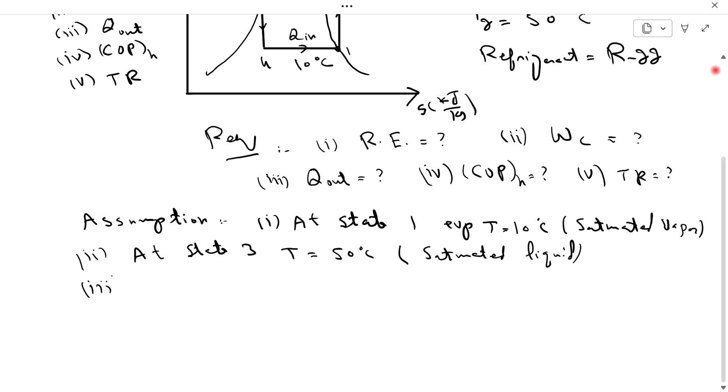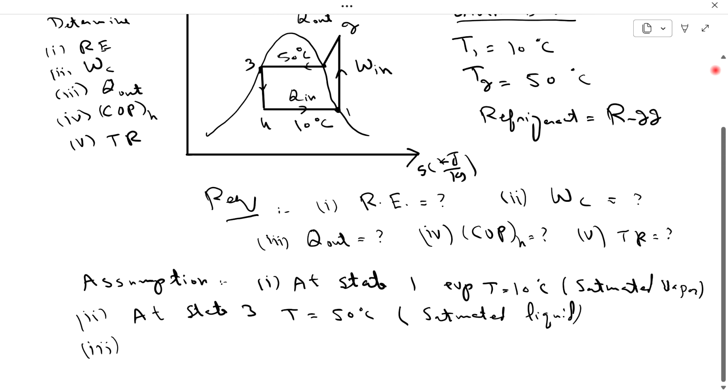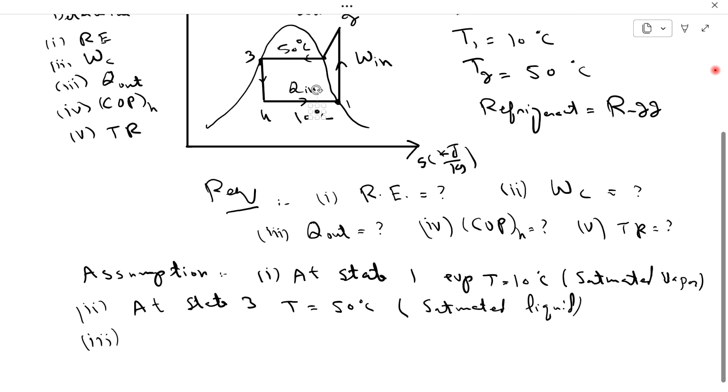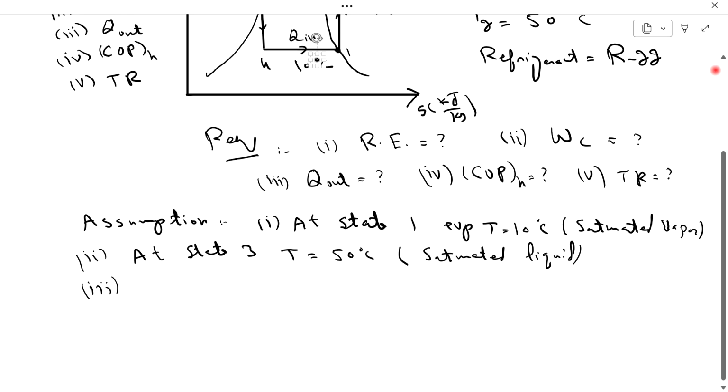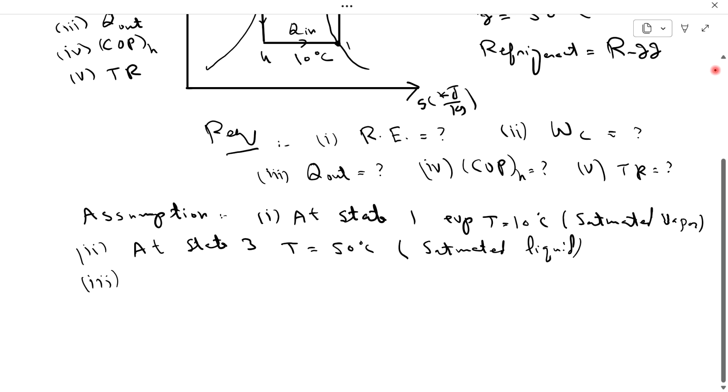Similarly, process 1 to 2 is isentropic.